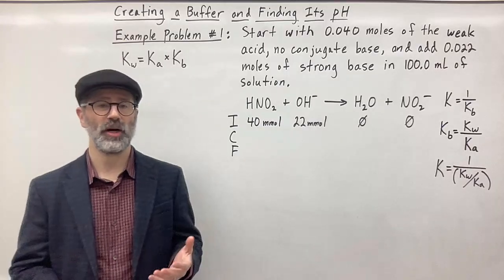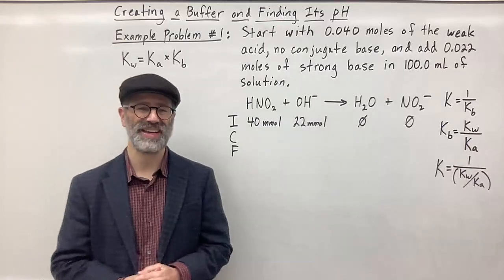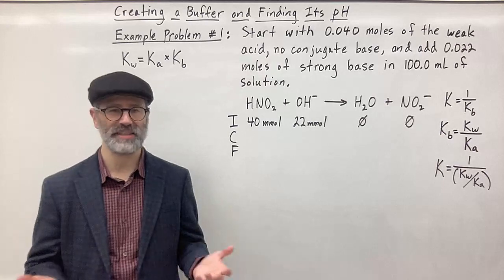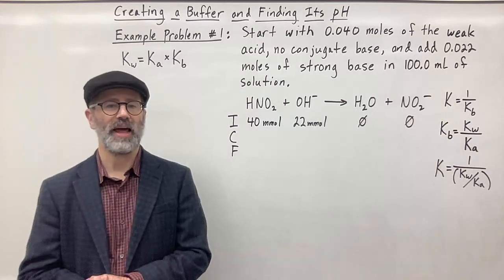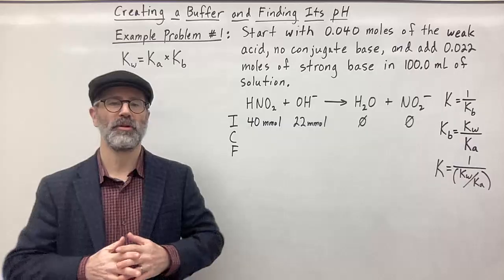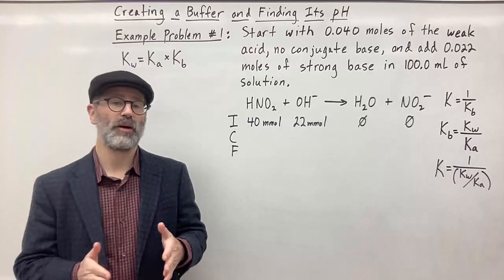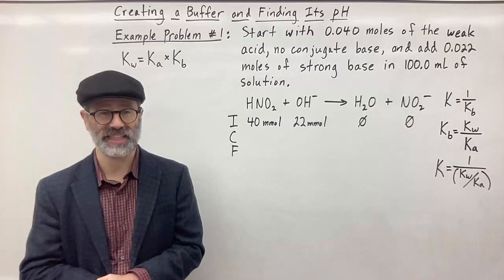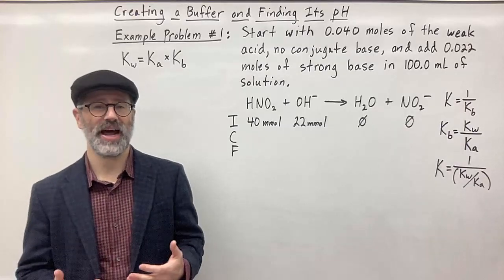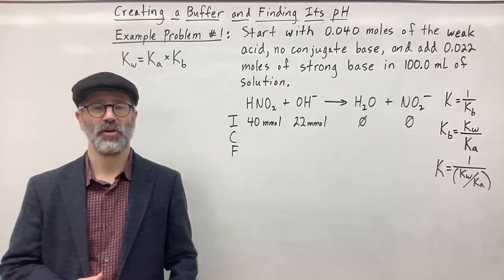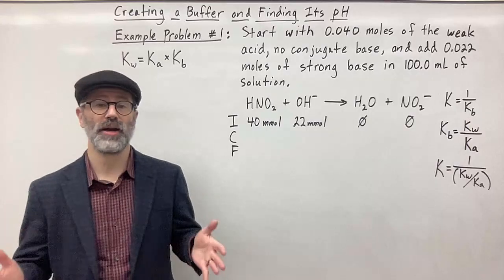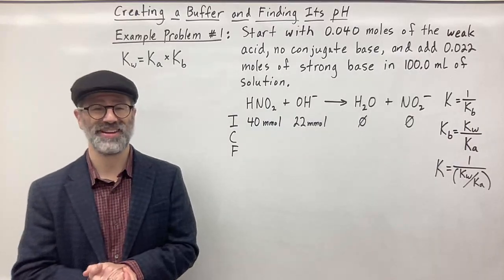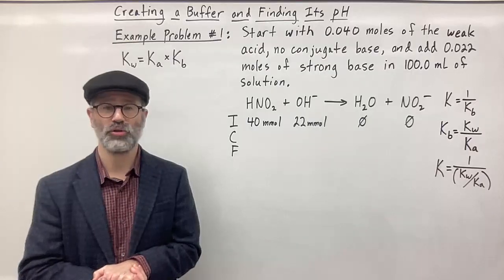So the first thing we want to do is start with what is called an IF table, or what I call an ICF table. It's like an ICE table, but remember this is used for when reactions go to completion, when they're 100% reactive, like in this case. Anytime you react a weak base with a strong acid, or anytime you're reacting strong acids or strong bases together with something else, it's going to go to completion.